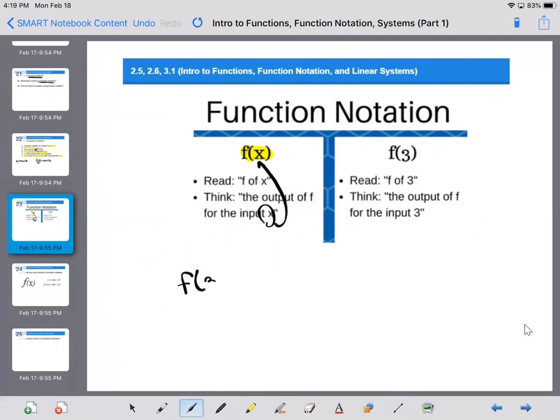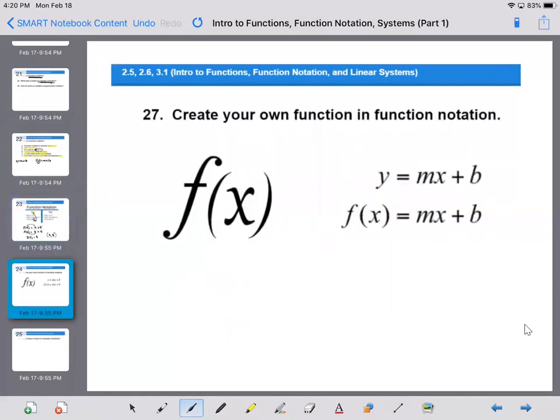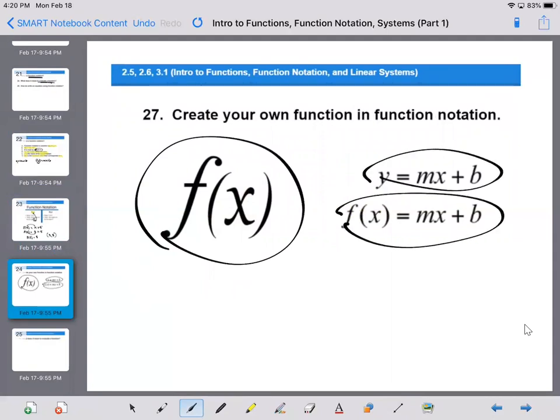So when we say f of 3, it just means that whatever the expression is, let's say x plus 5, I'm substituting a 3 for x. And now I can evaluate and say that f of 3 is 8. All that means is when x is 3, y is 8. And then we'll commonly see it as f of x. And you can see the difference in writing it as y equal and writing it as f of x.